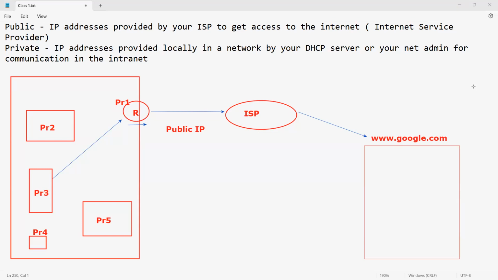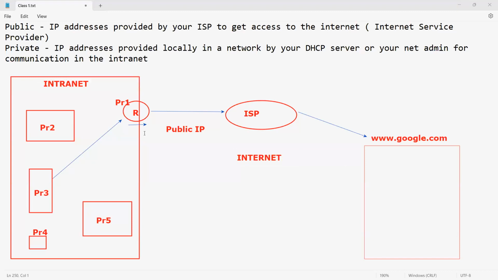Okay. So again, as mentioned, guys, these public IPs are the IPs provided by the ISP to connect to the internet. The ISP, Internet Service Provider, is the organization which supplies you public IPs to access the internet. Private IPs, on the other hand, are used in your intranet. On the outside, this is your internet, and internally in your private network, that's called your intranet.